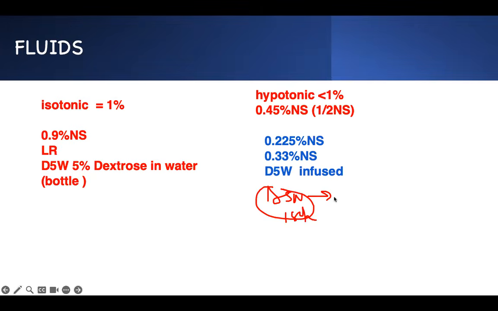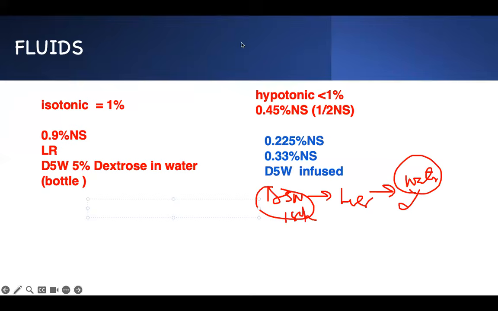Isotonic. When you infuse it, the liver breaks it down and it becomes just water. You take away the dextrose and it becomes just water. So that is why it becomes hypotonic solution. So these are your few hypotonic solutions. You don't have to memorize them. You can figure them out. Okay, so that's that one.